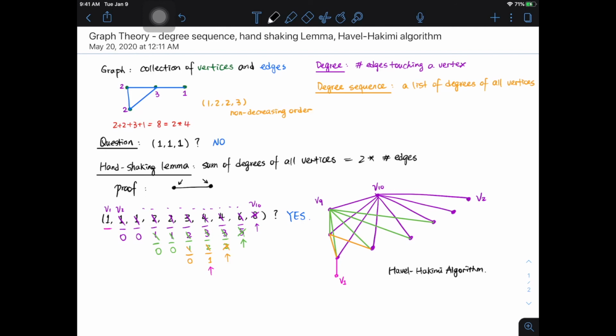And also, if there's no graph that has the degree sequence you're looking at, then this procedure will always fail to construct a graph. This means that whenever you follow the algorithm and are not able to find a graph, it tells you that there's actually no graph with the given degree sequence. Okay, that's it for now.